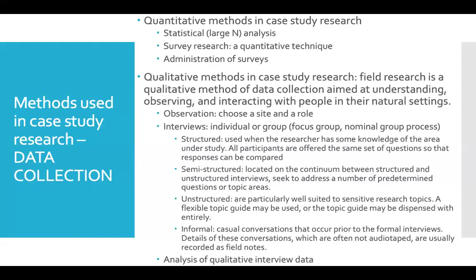Then you can have many kinds of interviews. You can interview individuals or groups. You can have focus groups, or you can have key informants. You can normally have group processes.